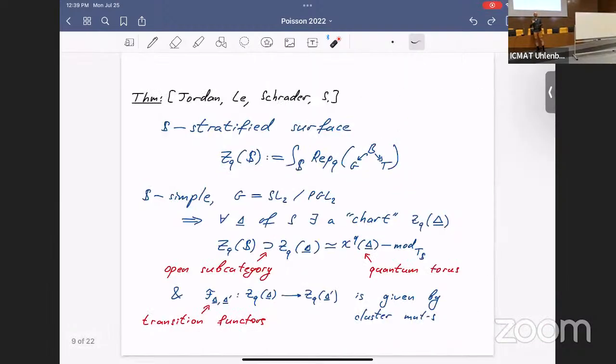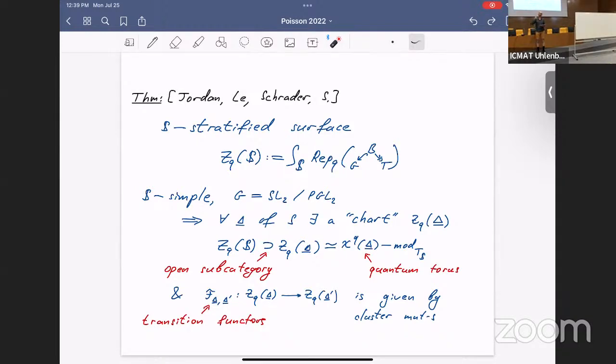All right. And now I want to formulate the theorem that we proved and spend the rest of the talk explaining what's actually said on this slide. So first of all, instead of surfaces, I'll consider stratified surfaces, and I'll explain what that is.